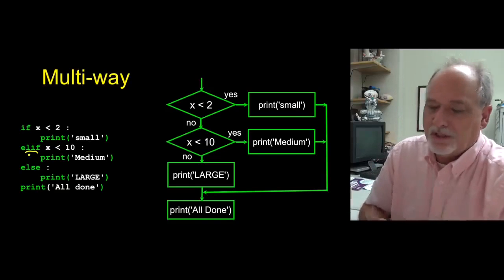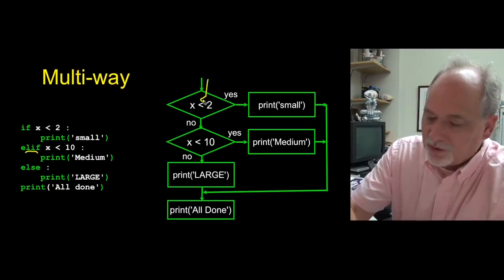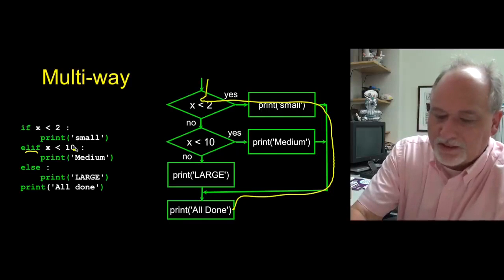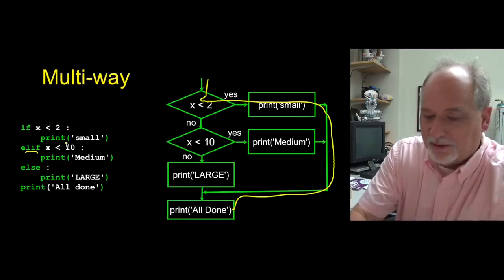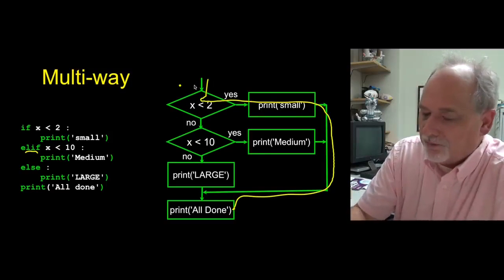The way it works is it's probably best to look at this here, where it checks the first one, and if it's true, then it runs that, and then it's done. It doesn't check them all. It's not like it sees that there are 2 logical conditions. It actually checks the first one, and how you order these matters, as we'll see in a bit. If the first one is true, it runs.